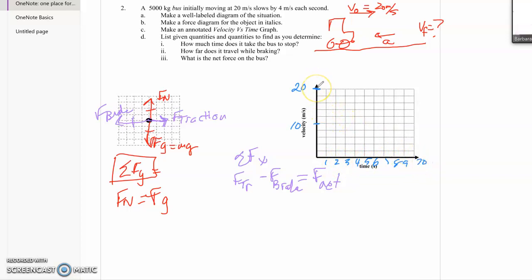So if I start at 20 and I slow by 4, I could count that out. It's not the perfect straight line, but the slope here, I should slow by 4 meters per second each second.